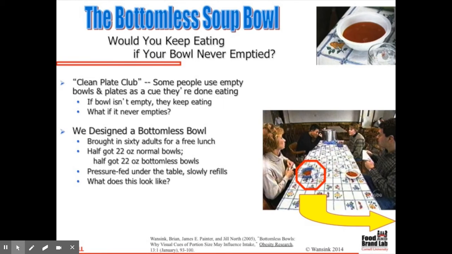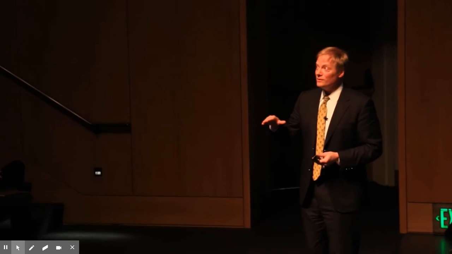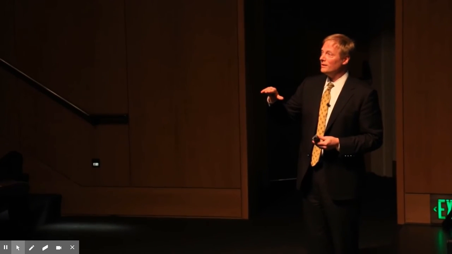Okay, there's 6 quarts in that cauldron, and as this woman eats, the level in that soup bowl is going to imperceptibly start to drop. When she stops eating, it's imperceptibly going to start rising again. Okay, to the point that she's going to have to finish 6 quarts of soup before she sees the bottom of that bowl. Yeah, I know, that's terrible.